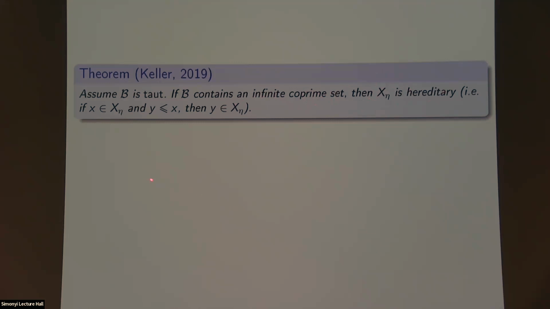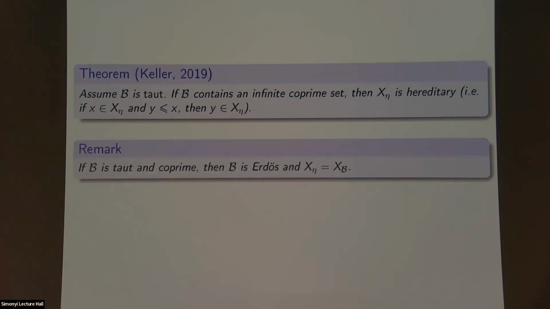That means that whenever you have a sequence x belonging to x eta and a sequence y which is coordinate-wise less than or equal to x, then y is still in x eta.